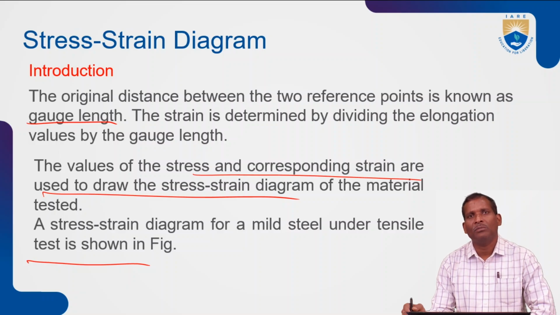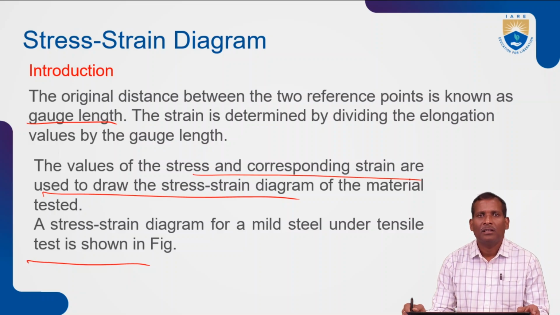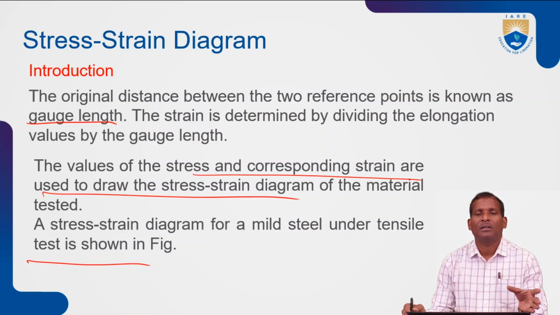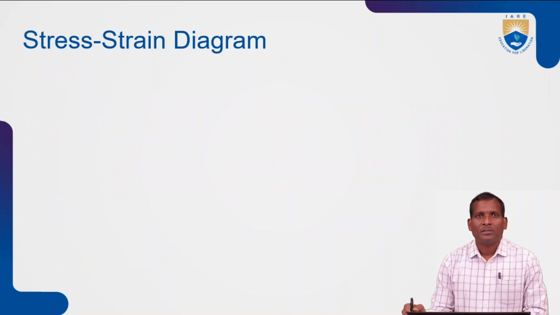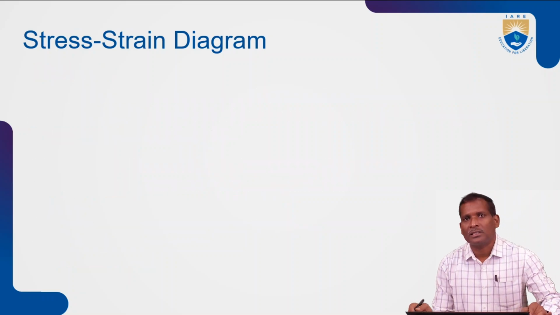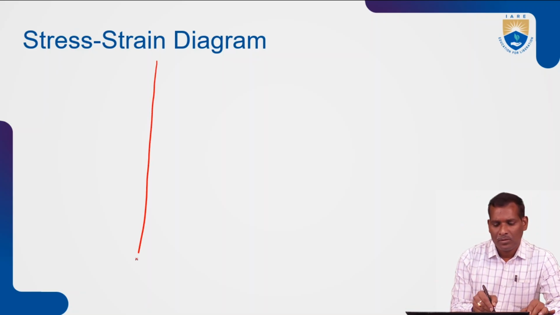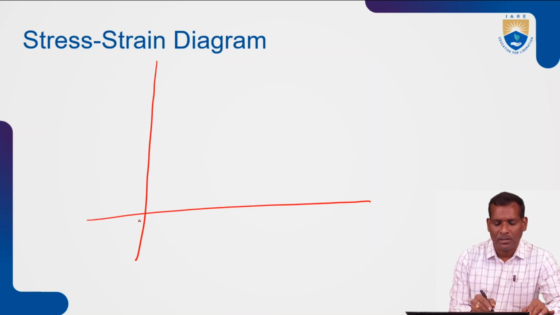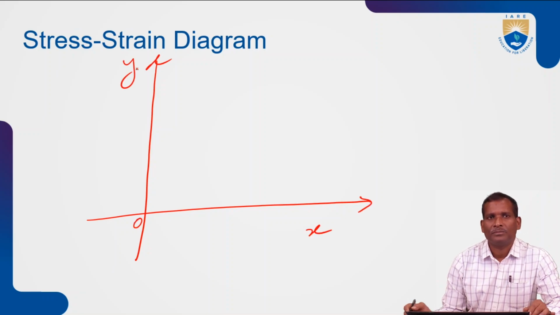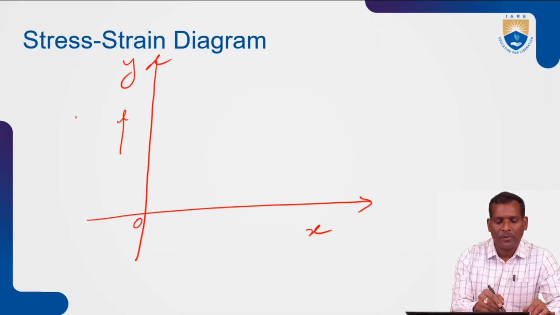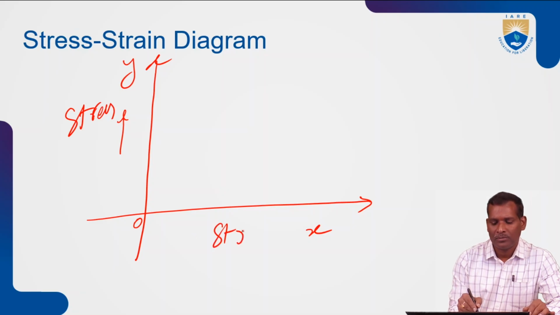By using this diagram, you can calculate the percentage elongation and the percentage change in area. First, we will draw the stress strain diagram, with the x-axis and y-axis, stress values and strain values.